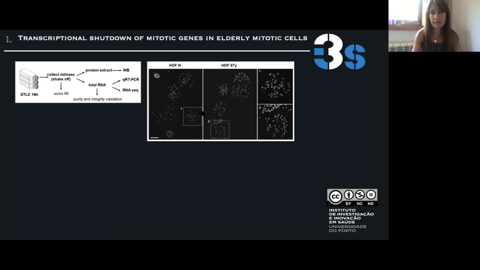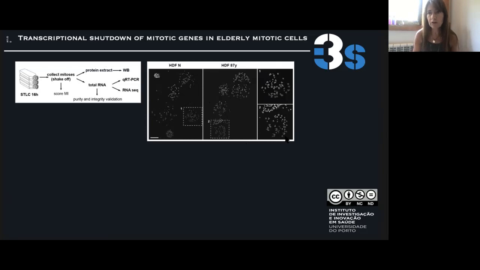We confirmed that this procedure yielded an enrichment of around 95% of mitotic cells. So this is a very pure mitotic population, which was the population that we used for the RNA sequencing analysis.